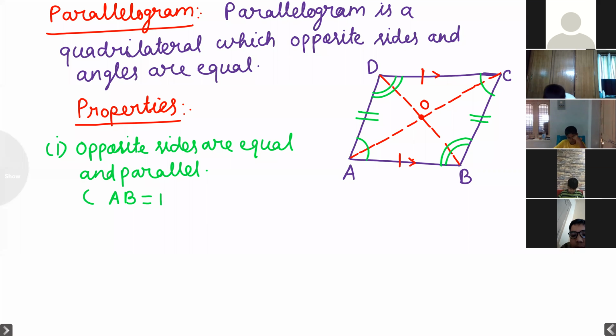AB is equal to DC, and AD is equal to BC. AD is opposite to BC. Opposite sides are equal and parallel.